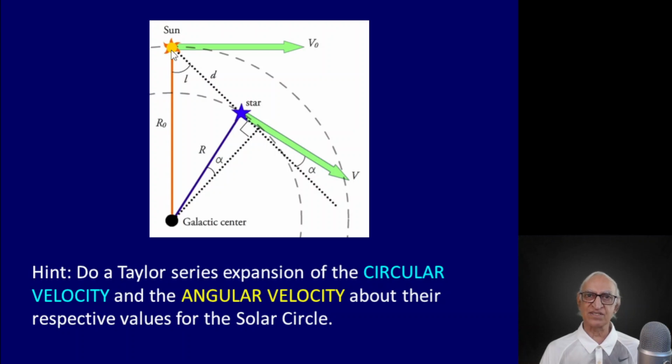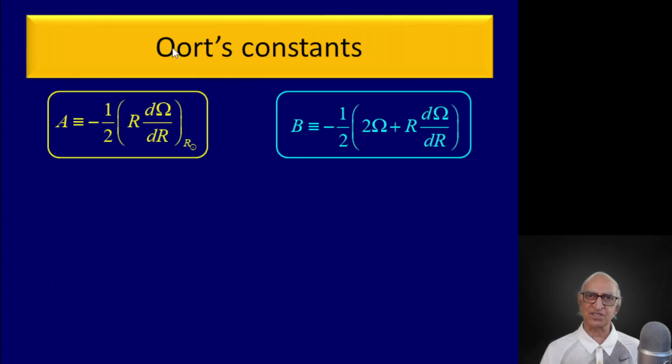So you do a Taylor series expansion of omega of r and theta of r about their respective values in the solar neighborhood, and you will get that expression that is given over there.